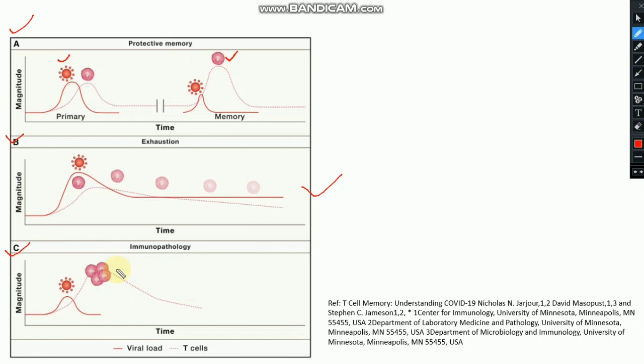This is a very dangerous situation. So there are three different scenarios I discussed here. This is all about the immune response and immune memory against the SARS-CoV-2 virus.